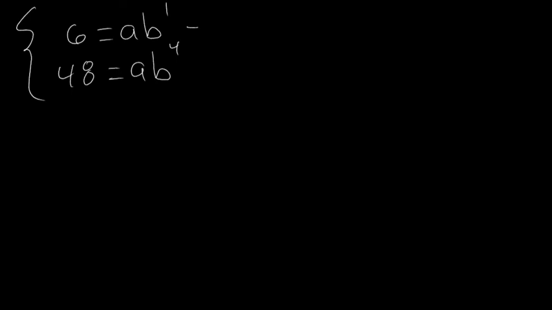So I could take this first equation and get a alone by dividing both sides by b. So I could write 6 divided by b is a. If you look closely, what I did was I took 6 equals a times b and divided both sides by b.